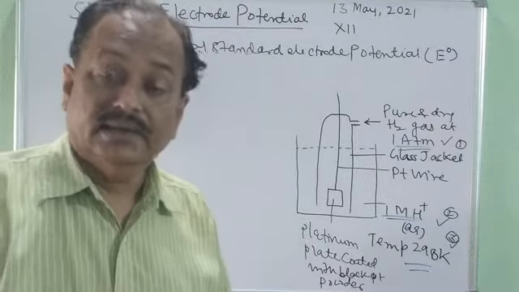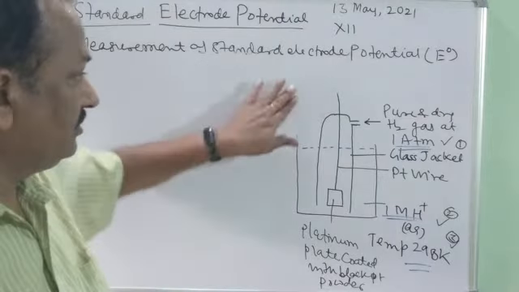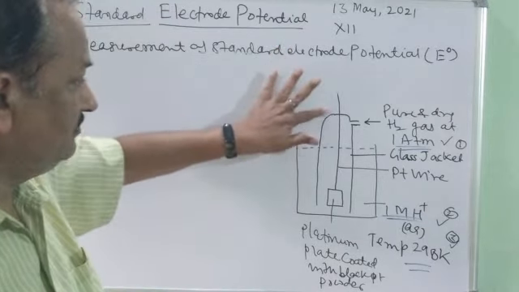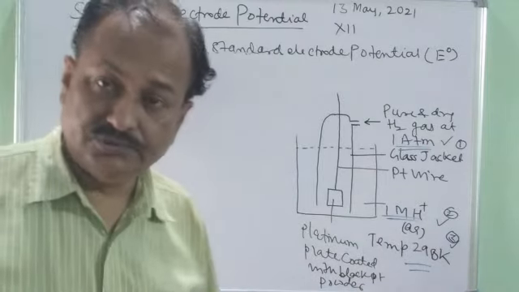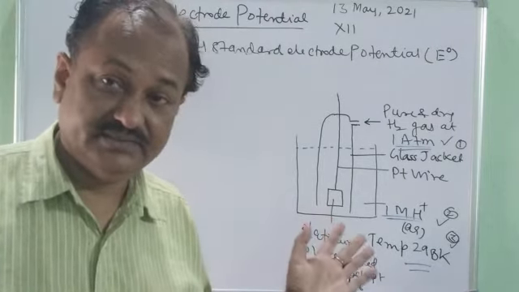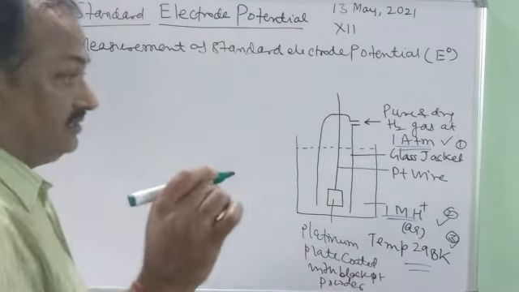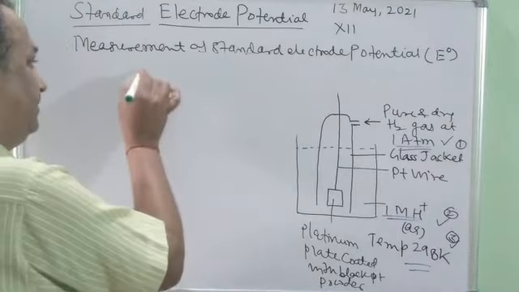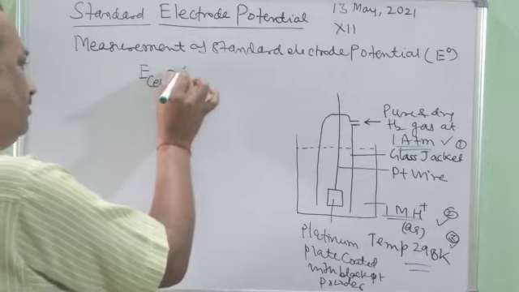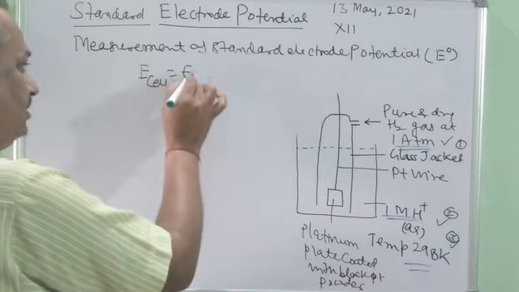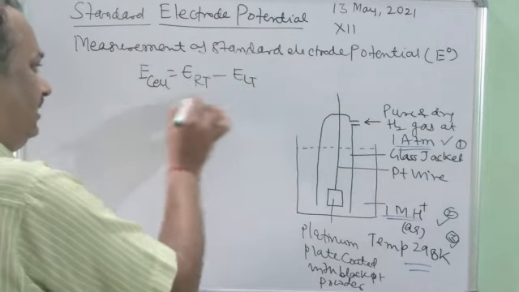Coming to the next, very important part: how to use this reference electrode or standard electrode. Children, as you know, it has an electrode potential value of 0 because it is the reference. You have seen in your previous class that E cell is equal to E right minus E left.